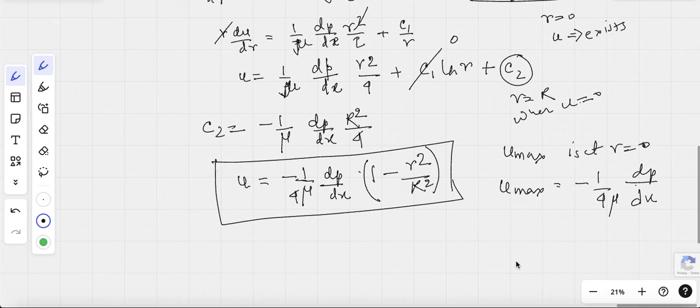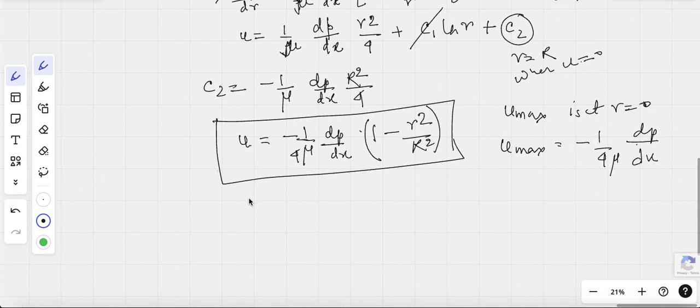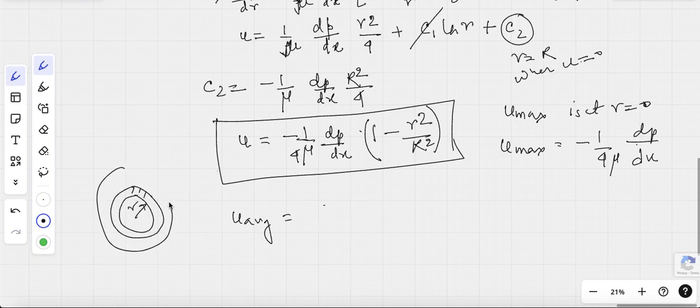Now you have to find u average. This is the pipe.